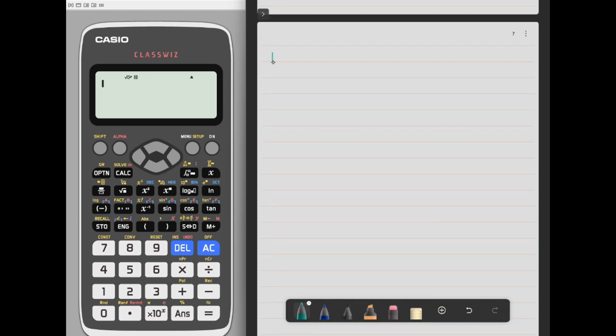As for your example, you are given the expression x squared plus 6x minus 11, and they want you to complete the square of this one.